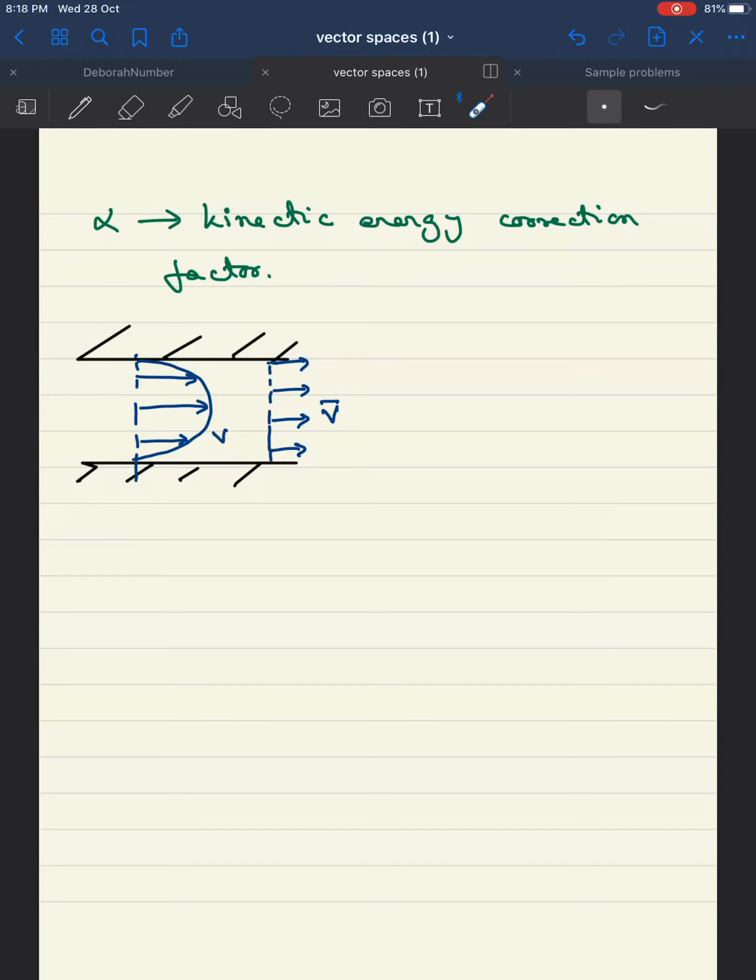The correction factor accounts for the fact that the average velocity does not contain the same kinetic energy as a non-uniform distribution. So basically what we are saying is that the kinetic energy of the non-uniform profile is the integral over A of half rho V square into rho V dA.